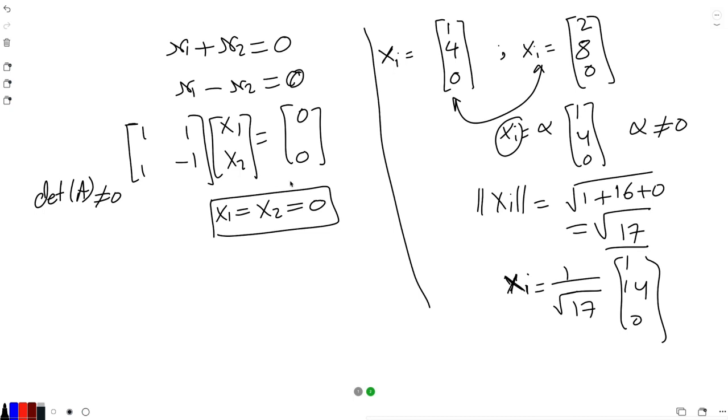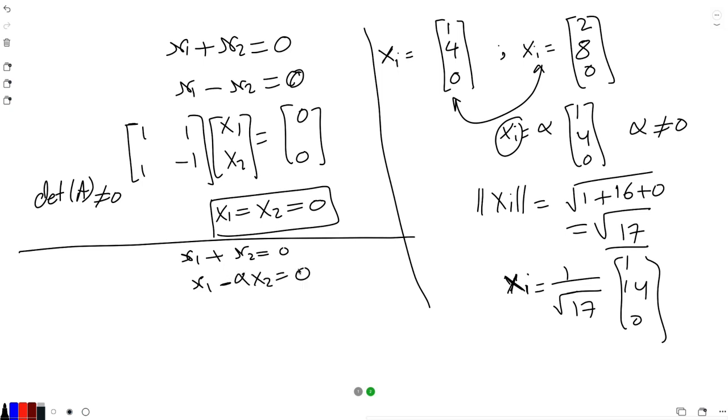Okay, now let me go one step further. Assume that we have x1 plus x2 equal to 0, and here I have x1 minus alpha x2 equal to 0. So I added a factor alpha. Alpha is any real number.